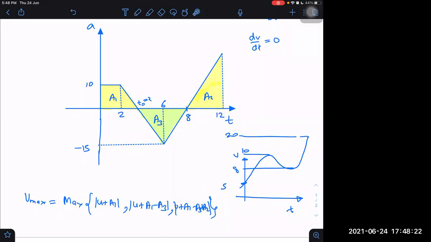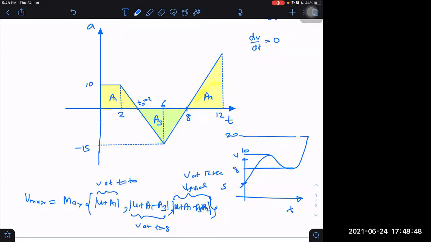What will be the final speed? Wait a second, let me do it properly. It is U here, and this is the V final, or V at 12 seconds. What will be this? This will be V at T equal to 8 seconds. What will be this? V at T equal to T naught.